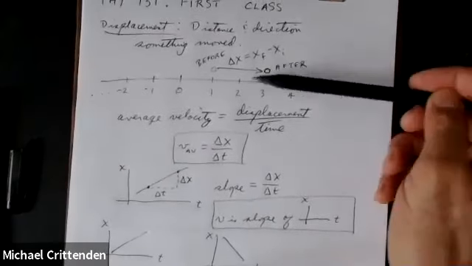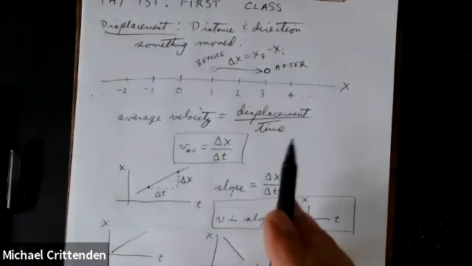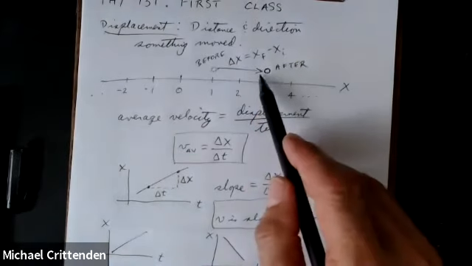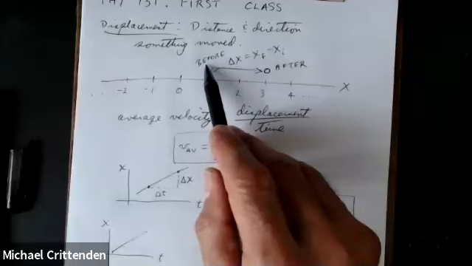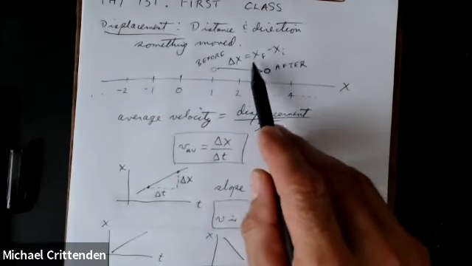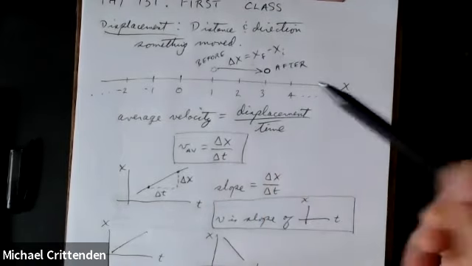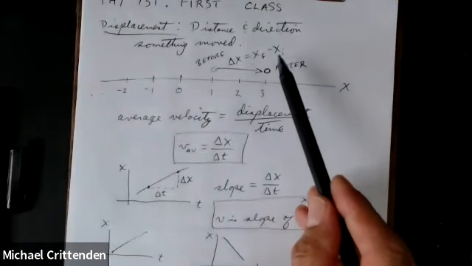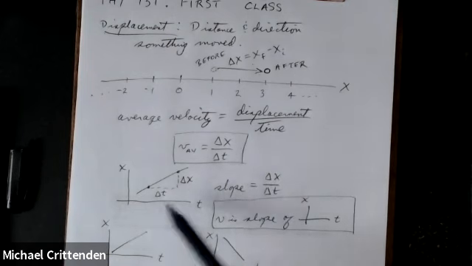If the car is moving toward the left, the velocity comes out negative, because when you do final minus initial, if you turn the arrow around so that this is before and this is after, then instead of doing 3 minus 1, you're doing 1 minus 3. Okay? And so if the thing is going toward the left, delta x will be negative, and that makes the velocity negative.